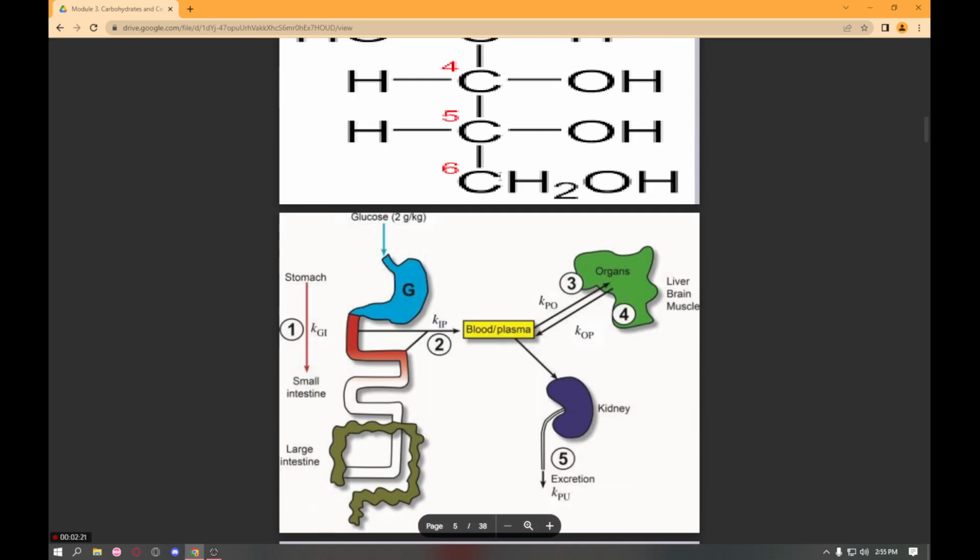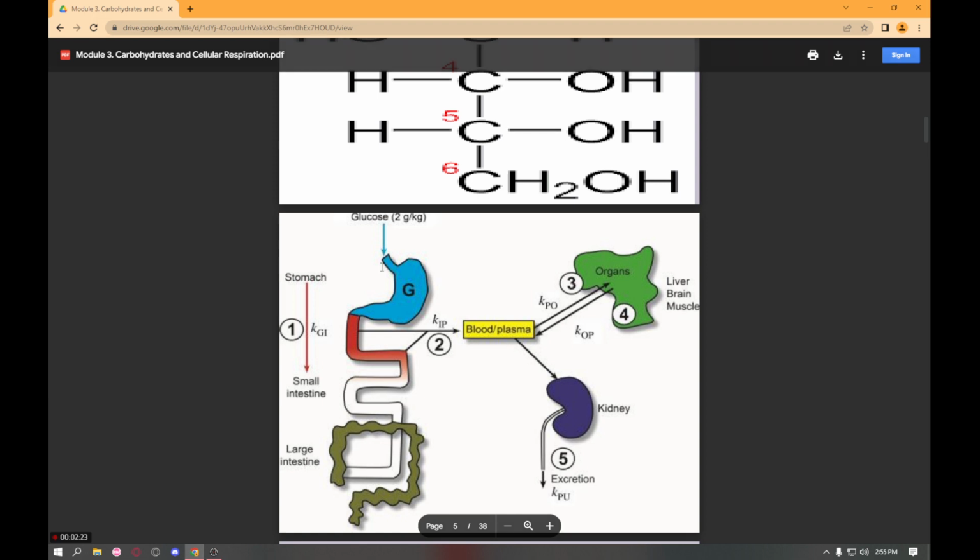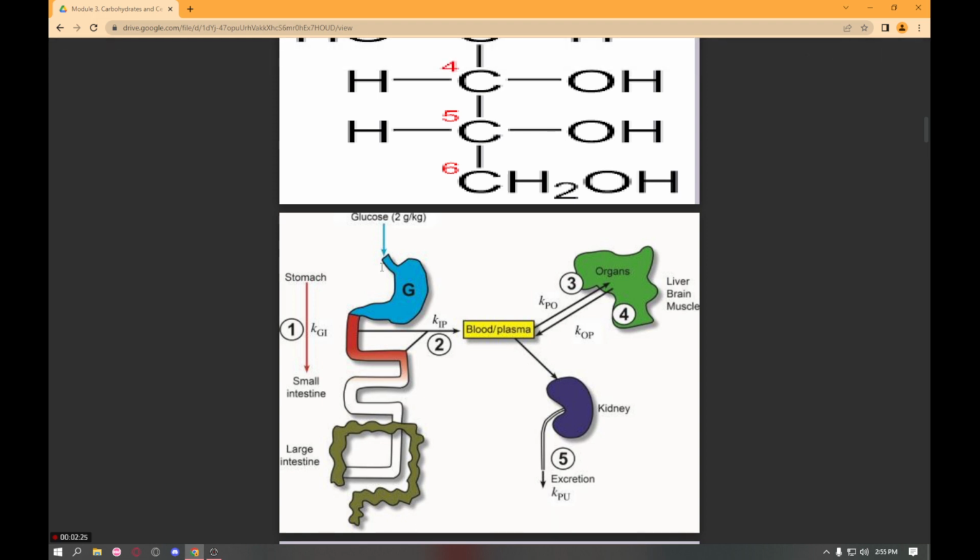Okay, so this one is on how we metabolize these carbohydrates inside our body. Let us first explain the process of digestion of carbohydrates. As we eat food, if this food is introduced inside our mouth, our nose first detects the smell of this food.